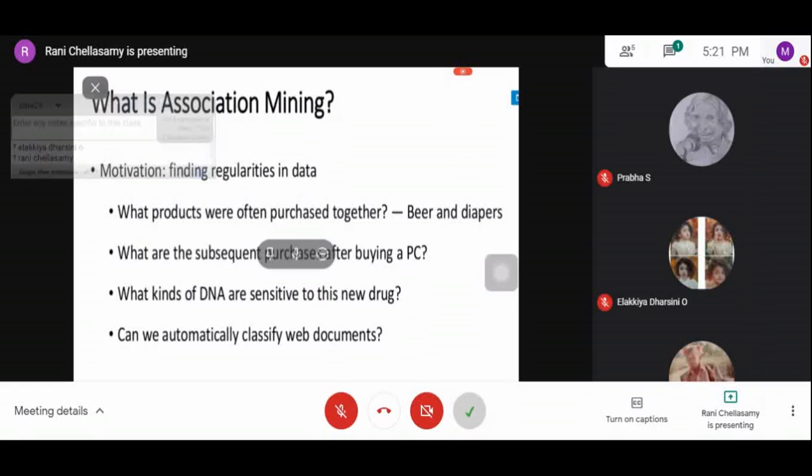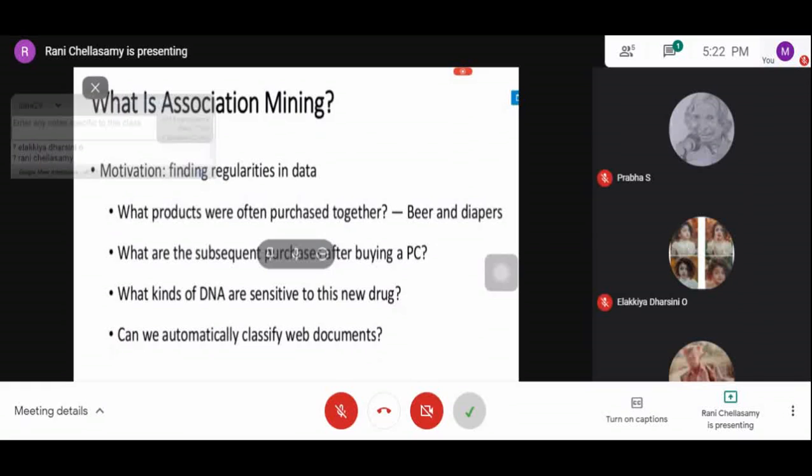What are the other subsequent purchases after buying a PC? And what kinds of DNA are sensitive to this new drug? These are all problems related to association mining. Can we automatically classify web documents? For all these, we can apply the association rule mining algorithm.